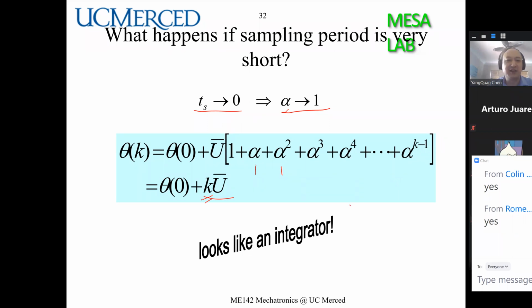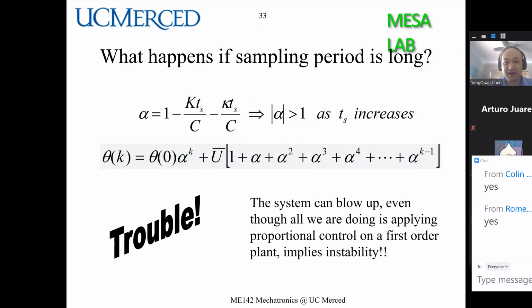Adding them together is unstable, right? If k goes to infinity, then your theta k also goes to infinity. That's actually bad. If the sampling period is long, then your absolute value is greater than 1, and it will blow up to infinity as well.